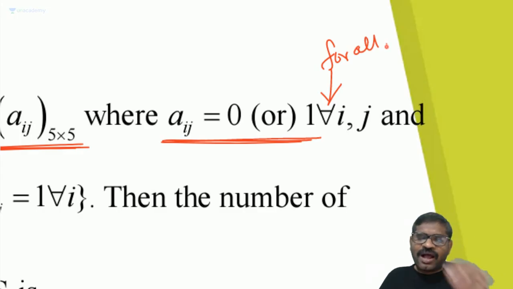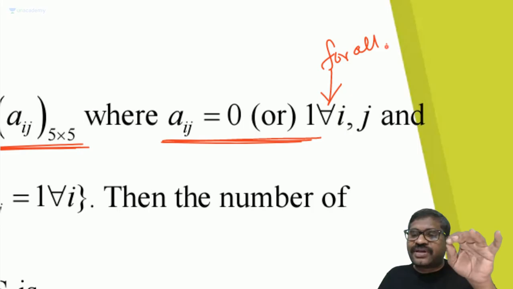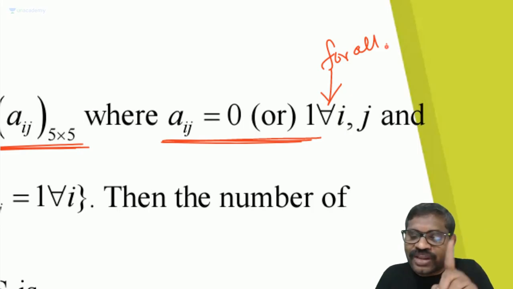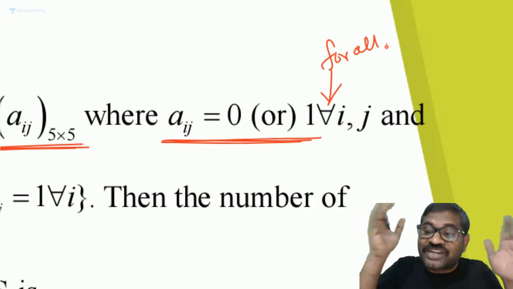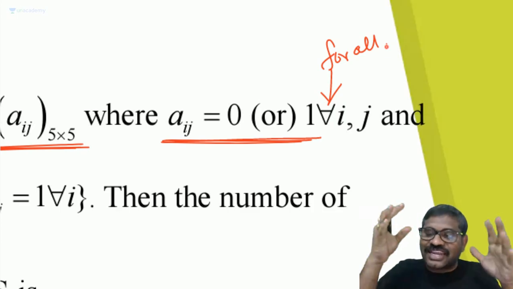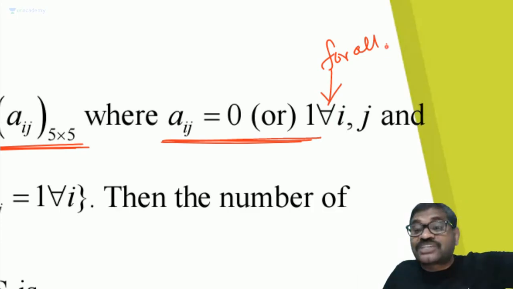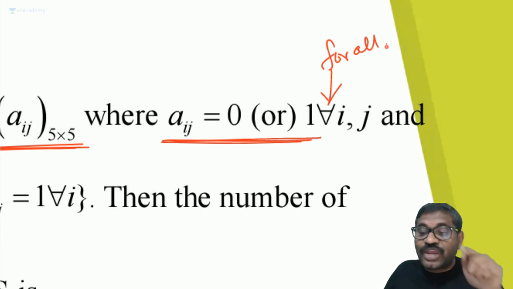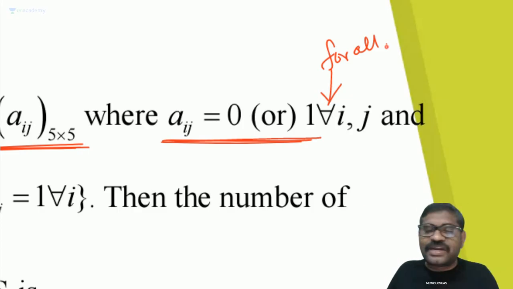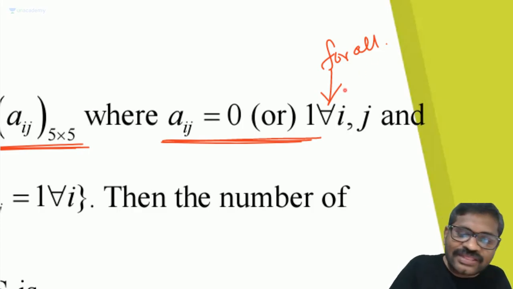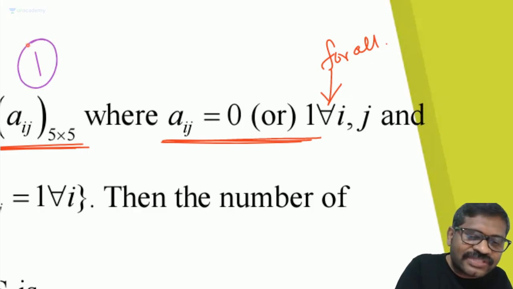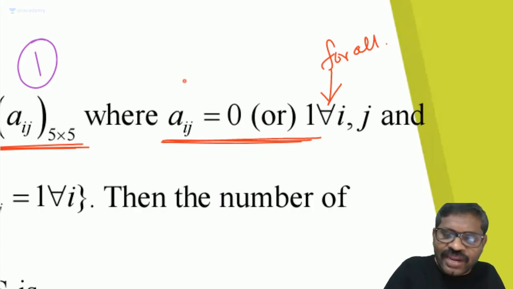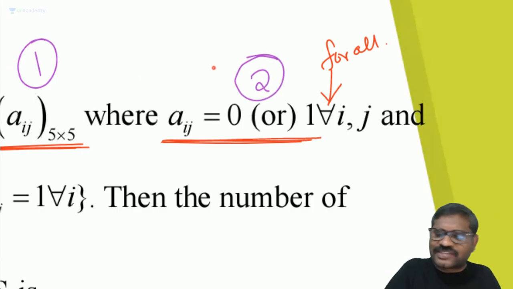It is not one 5 cross 5 matrix, it is a set of 5 cross 5 matrices, the set consisting of different 5 cross 5 matrices. In those 5 cross 5 matrices, every element is 0 or 1. That is the first condition: 5 cross 5 matrices. Every entry must be 0 or 1 is the second condition.